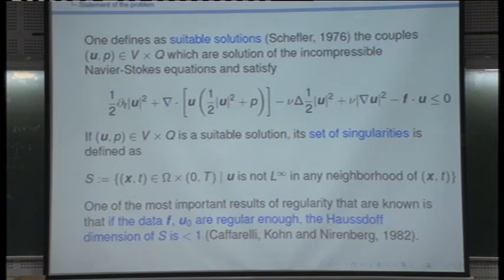There are singularities. So next to empty set, what is the best situation? If you have a set in omega times the time interval, something very, let's say, intuitive to understand.